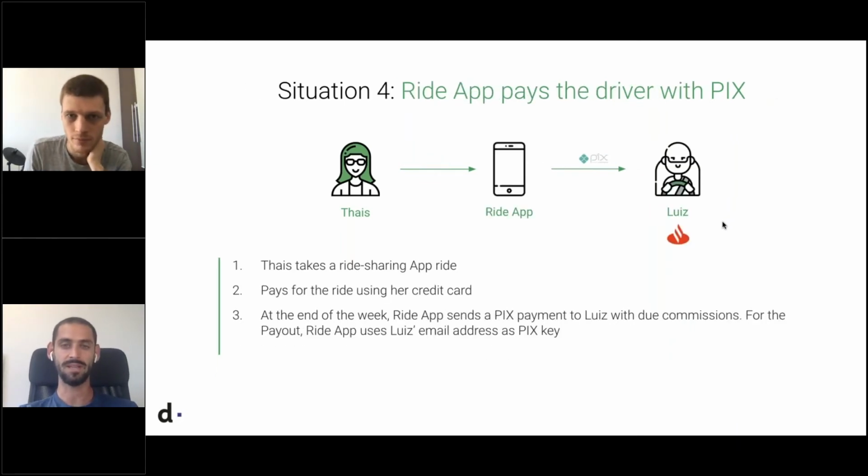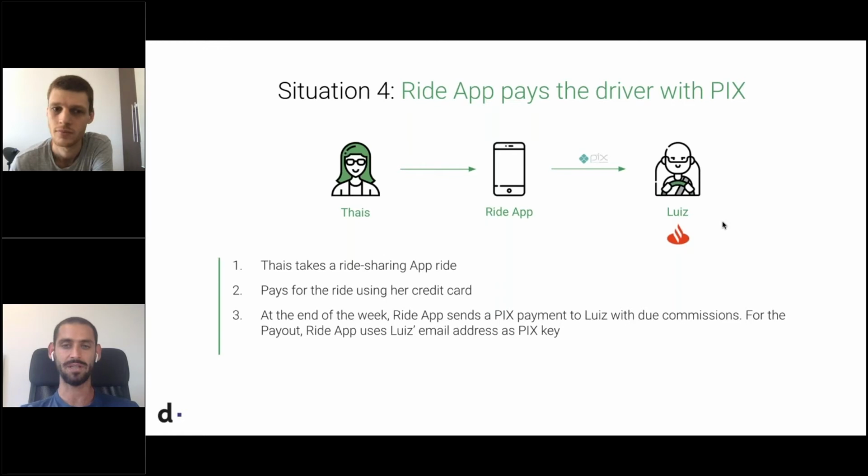So let's see, in the same situation, there is a different scenario that may happen. For example, if in this case Thais does not pay Luis, the driver, in cash, but she actually pays with her credit card, for example, on the riding app, then the company needs to pay out, send funds to Luis for the ride. So what can happen?